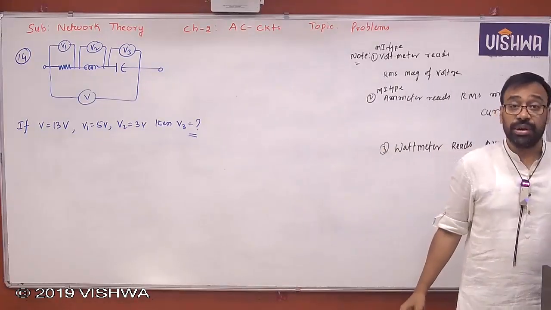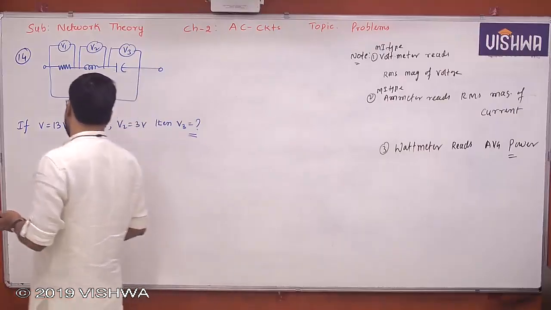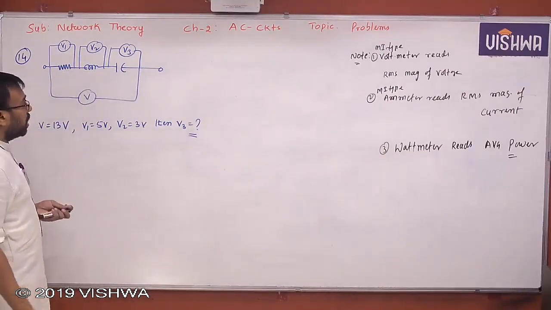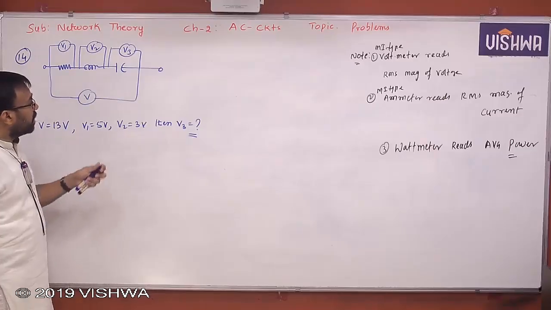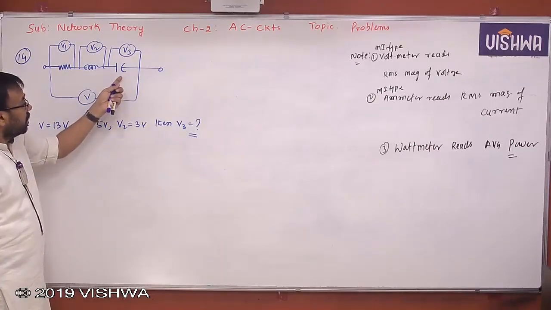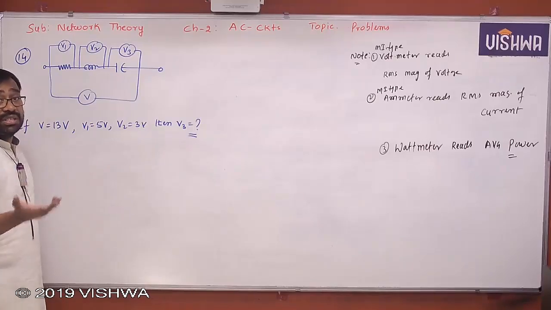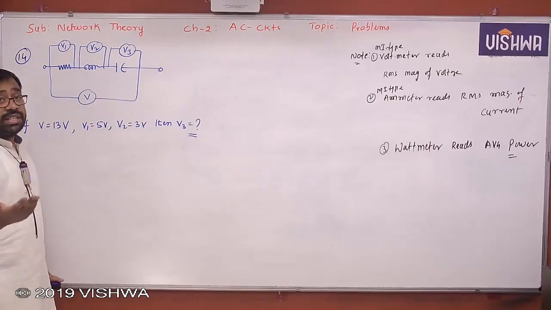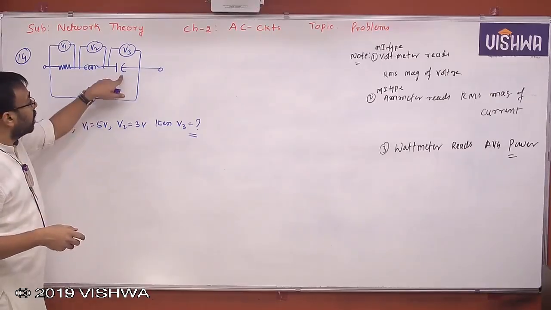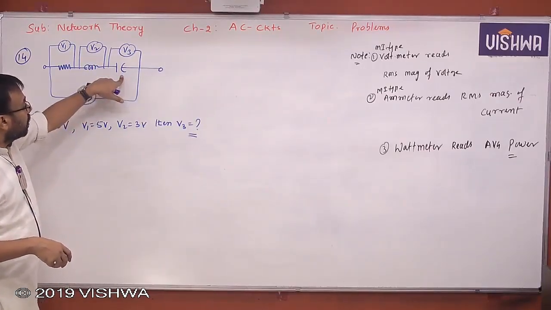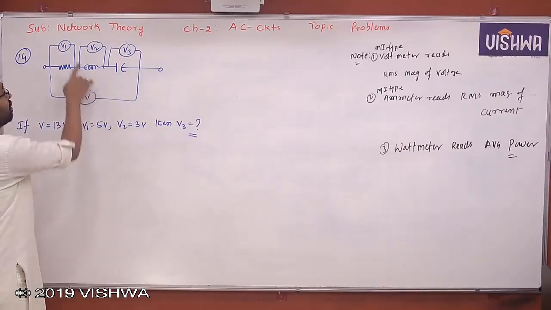But if you really want to comment on that, you must know the voltage across the capacitor. You know that XL greater than XC means VL greater than VC. For a series circuit, if XC is greater than XL, then VC is greater than VL. So once you find the V3 value, that is the voltage across the capacitor VC, you can finalize whether it is inductive or capacitive. And remember, all these are RMS magnitudes only.